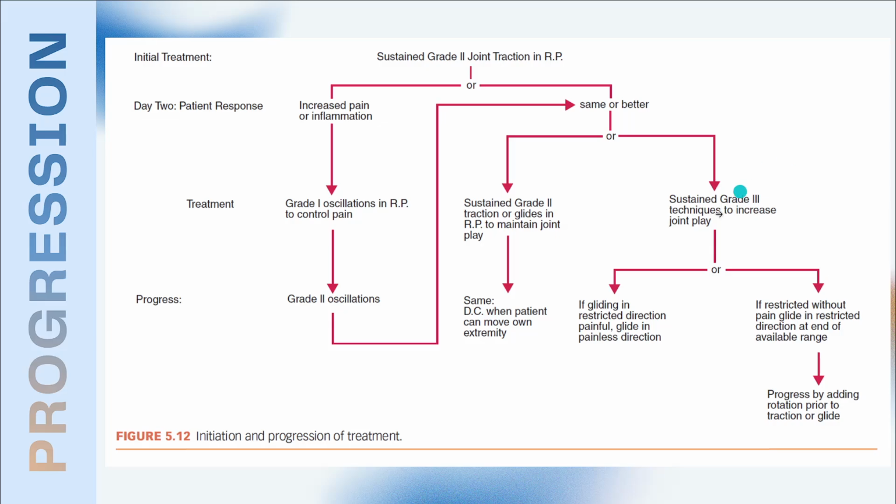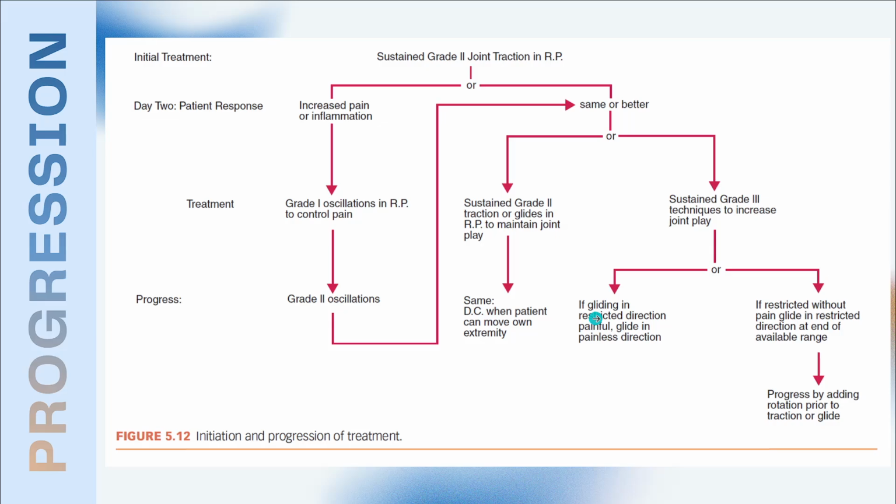Right? In peripheral joint mobilization, if there's limited shoulder flexion, what you would usually do is posterior gliding, right?